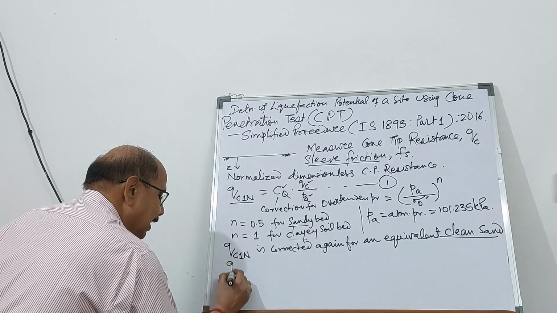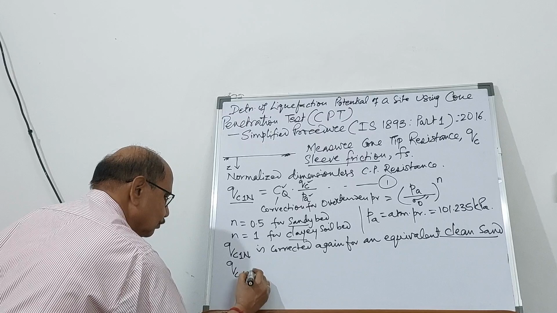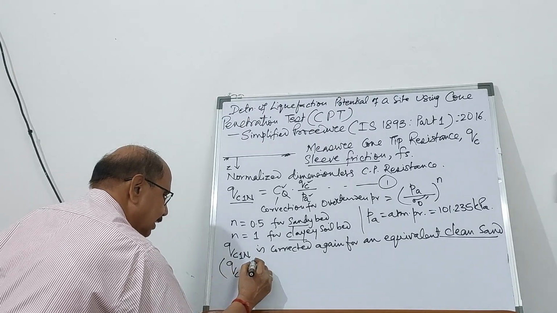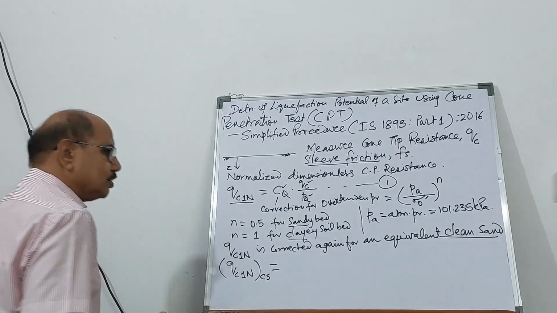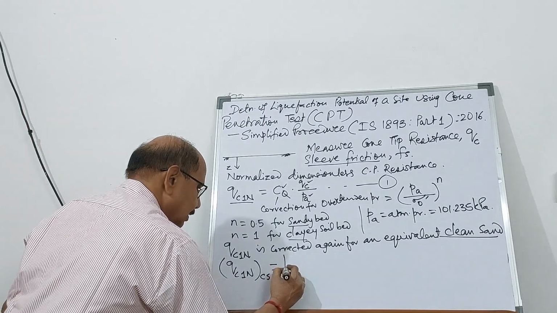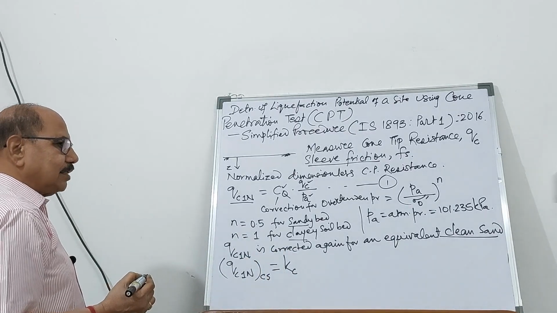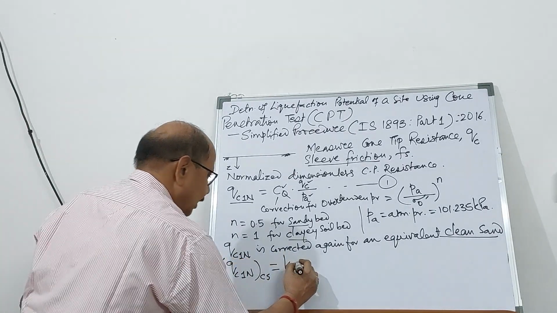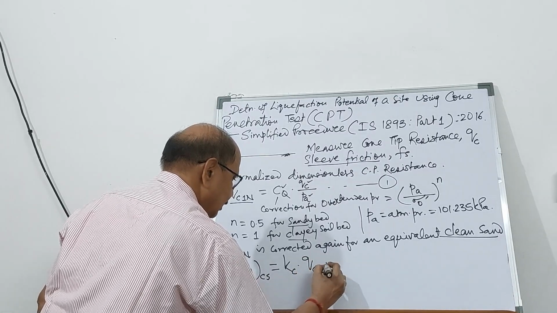Therefore, we can say QC1N for clean sand, CS means clean sand, is given by a correction factor Kc multiplied by QC1N.